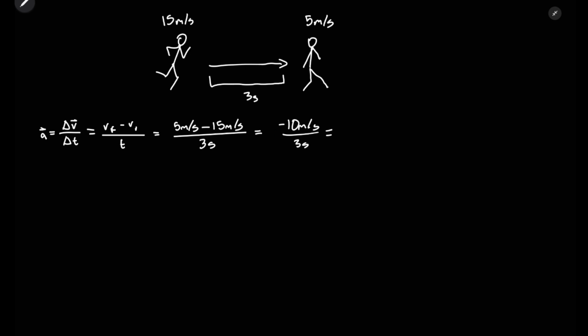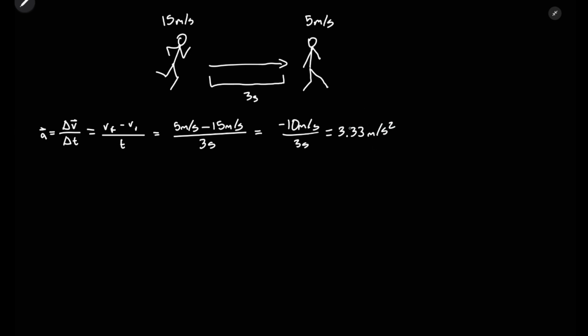And why is our acceleration also going to come out negative? That is because our velocity, yes, is in the east, but our acceleration is going to be in the opposite direction because he is slowing down this time. Put that in the calculator and we get 3.33, with the 3 repeating, meters per second squared.